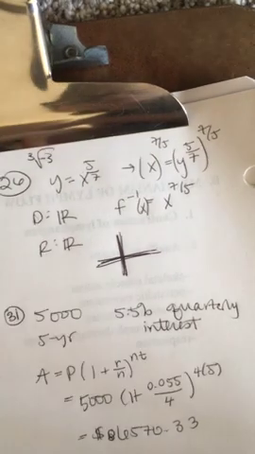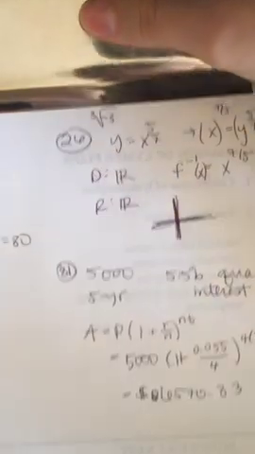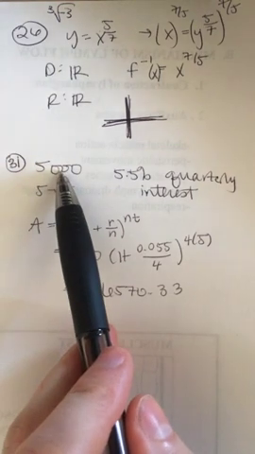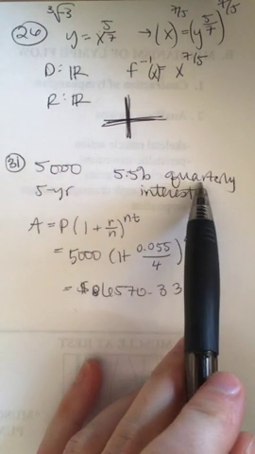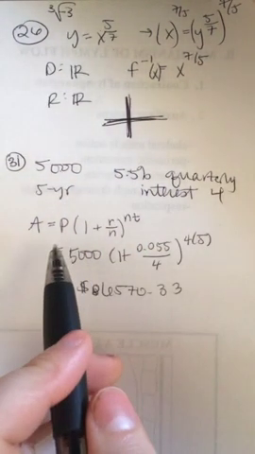And then 31 was another review question people asked for. So we have a $5,000 5-year investment at 5.5% quarterly interest, so it happens 4 times a year. This is our formula.